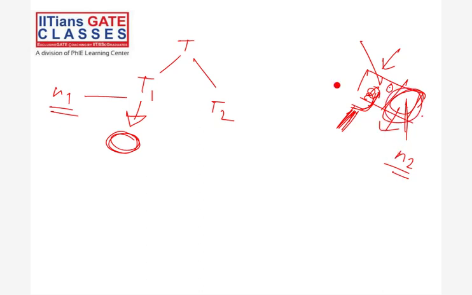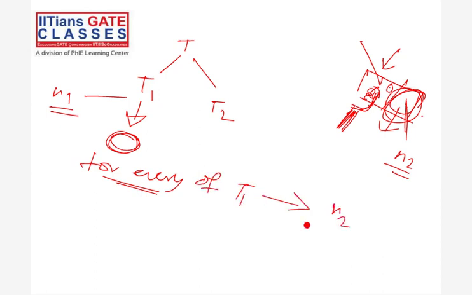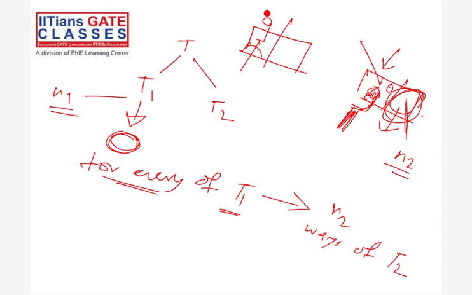So for every way of T1 we have n2 ways of T2. In our example, if I complete task T1 by putting 9 here, then we can still complete task T2 in 10 ways.